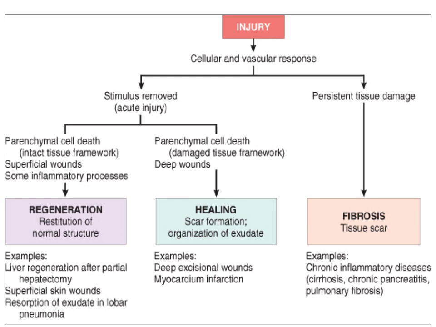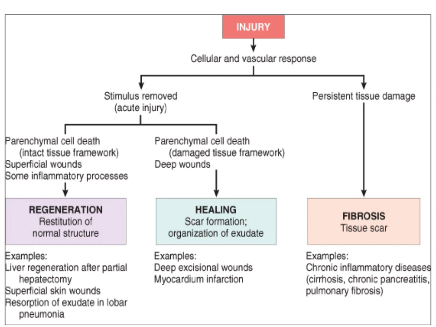Again, the most important concept here is that there is complete repair, or complete restitution of the normal structure. So, for example, if you take out a piece of the liver after partial hepatectomy, the liver will just grow back. If it's a superficial skin wound, the skin is going to grow back after a few days.